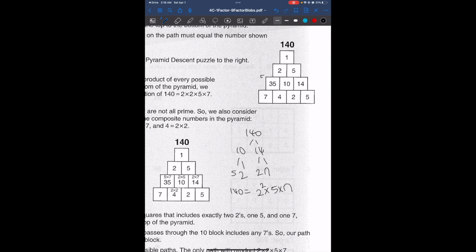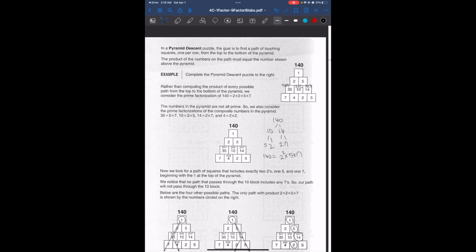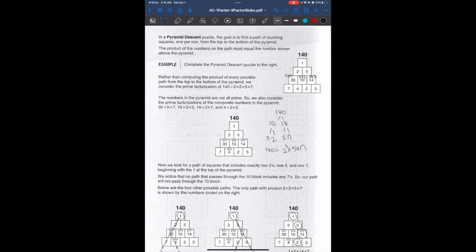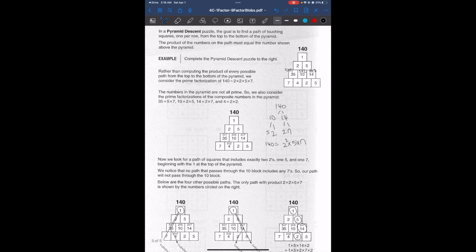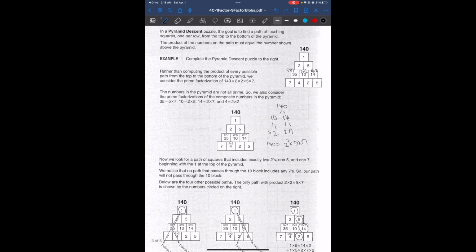So that can be expressed as 5 times 7, 5 times 2, 7 times 2. And so now we look for a path of squares that include exactly 2 2s, 1 5, and 1 7.